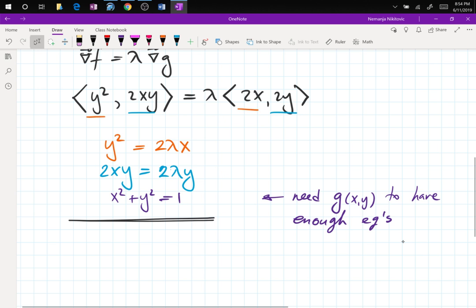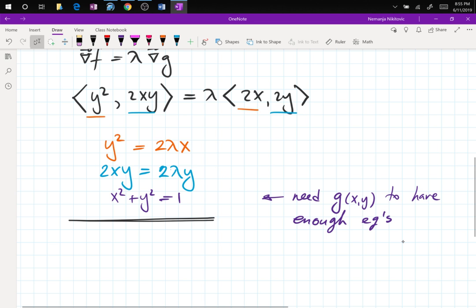So in some cases, when you know what the application is, you can go ahead and cancel y's in the second equation, in the blue equation, because you know that dimension y, which is in that problem a length, cannot be 0. But this is not an applied problem. y could be 0. So I am not allowed to cancel a variable.